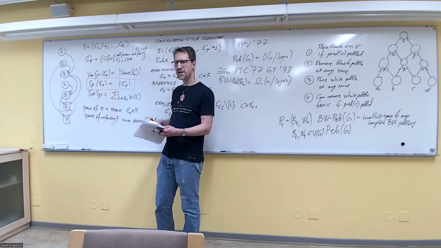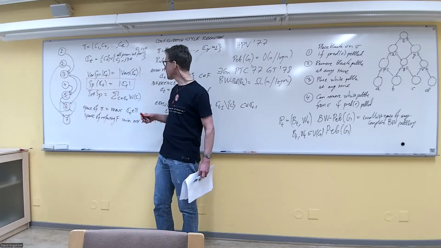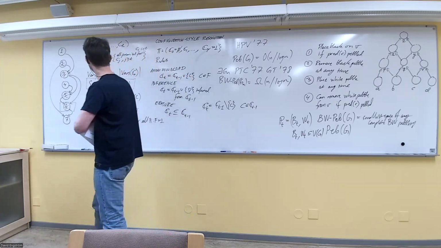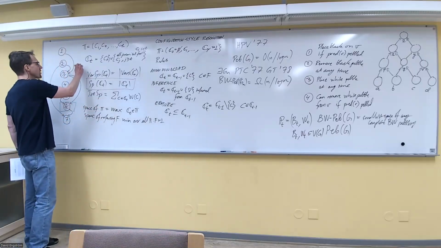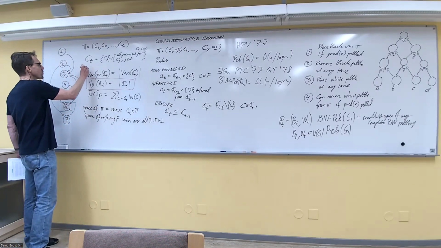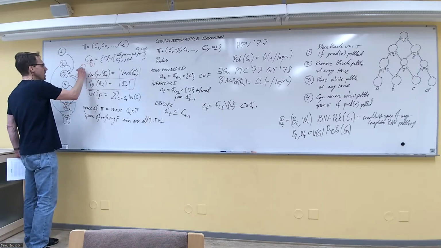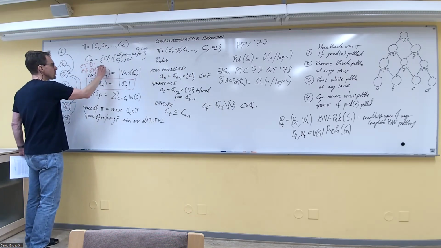I should say that these definitions are not the original definitions, but there are two papers that one should be aware of. There's Esteban and Torán from 2001, and then there's Alekhnovich, Ben-Sasson, Razborov, and Wigderson from 2002.